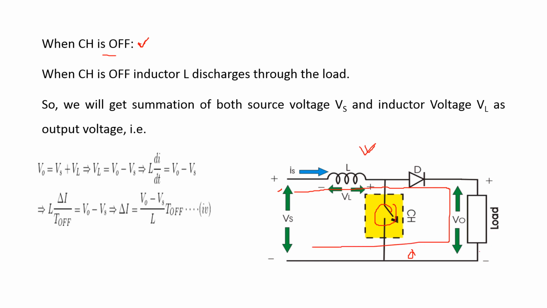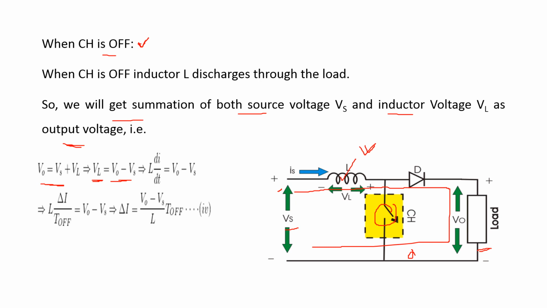Here the output voltage is the summation of supply voltage and inductor voltage. That is given as V0 is equal to Vs plus VL. From that we find the inductor voltage, VL is equal to V0 minus Vs.